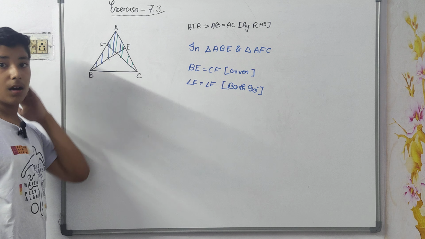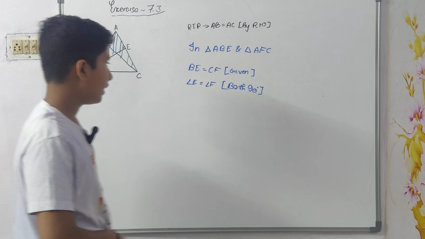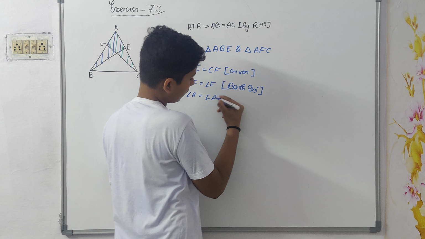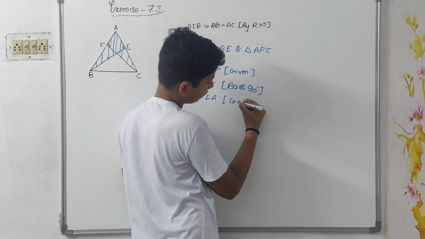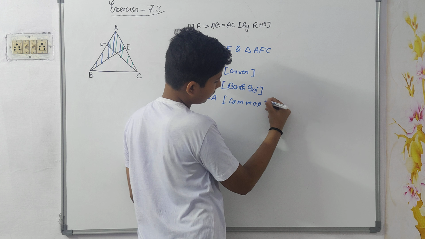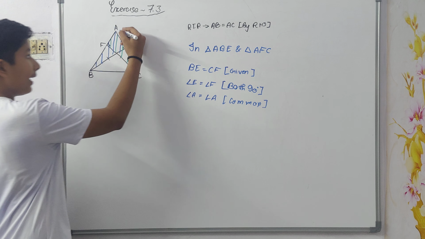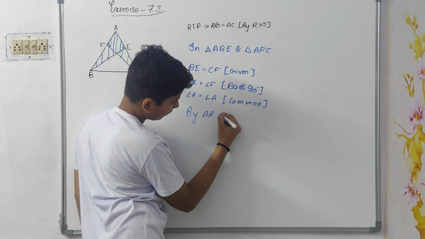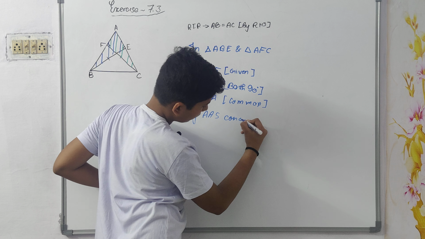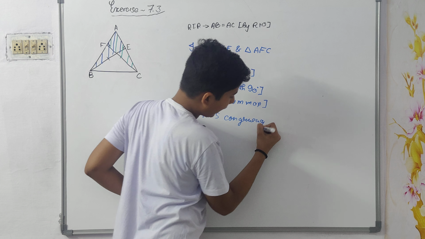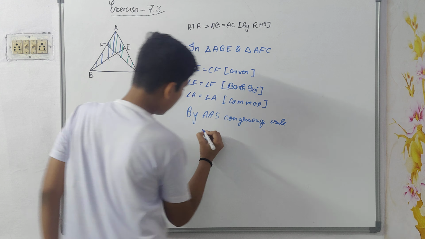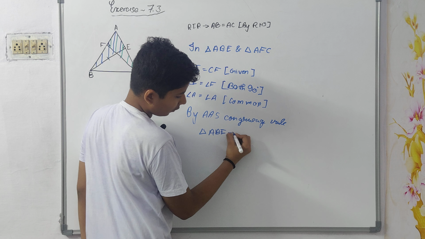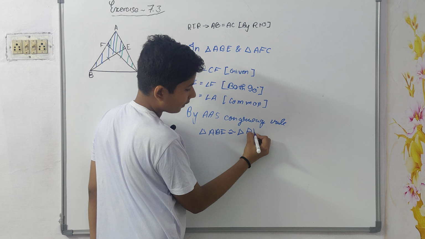So firstly, angle A equals angle A. And here we'll write common, by A and S. By AAS congruency rule, triangle ABE congruent to triangle AFC.